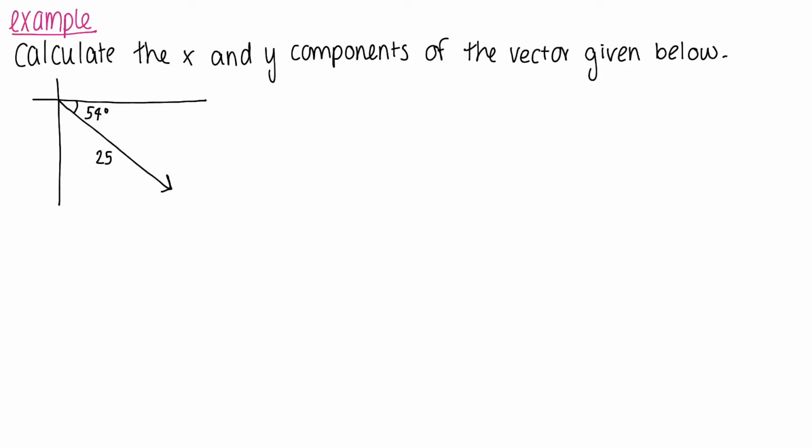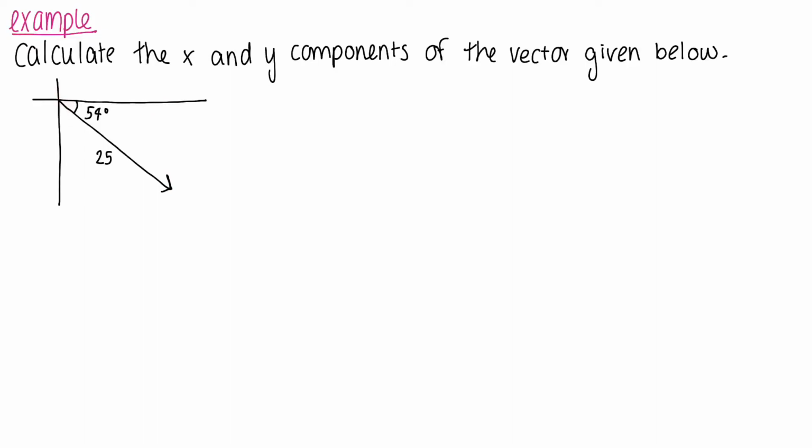So here we go. We have this picture here. We know this angle and we know this magnitude. Now, what's going to really help is determining whether things should be positive or negative first based upon the direction of this vector. So we know that it goes down and then right, or you could say right and then down.